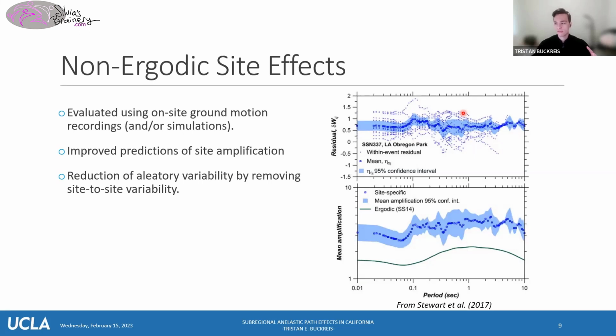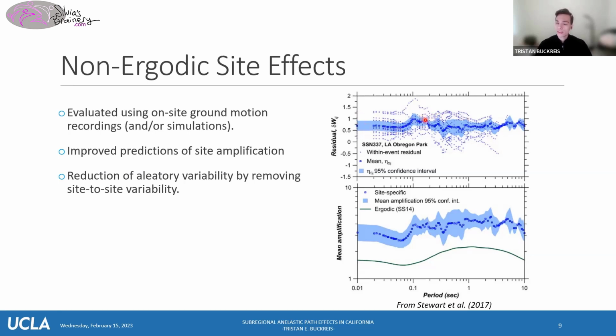If you have 500 recordings for an earthquake, you get the average residual for that earthquake, which may be positive, negative, or zero, and you subtract that too, so that these residuals hopefully include just the site effects, though there may be path effects in there also, which we'll get into in future slides.